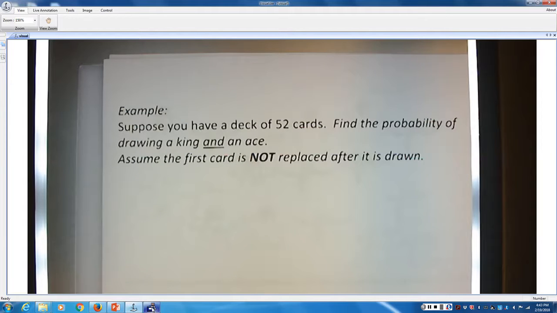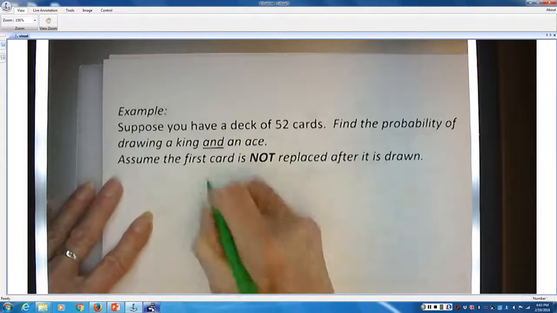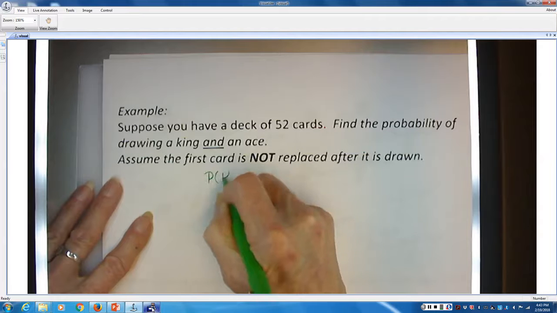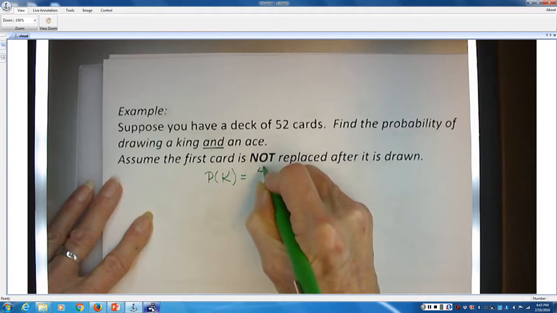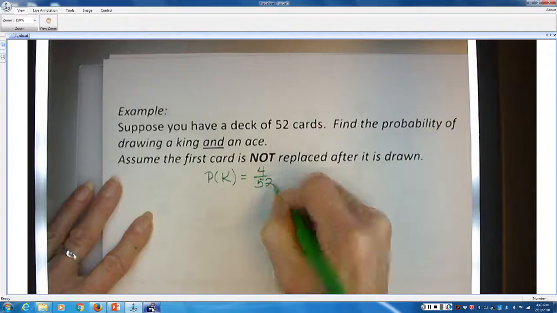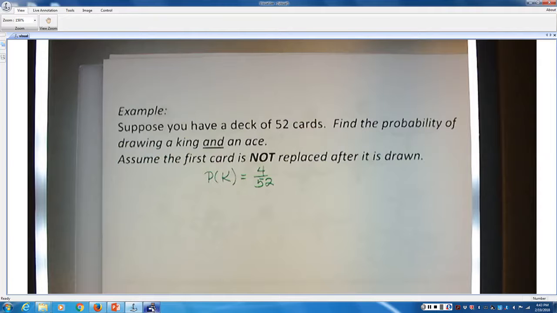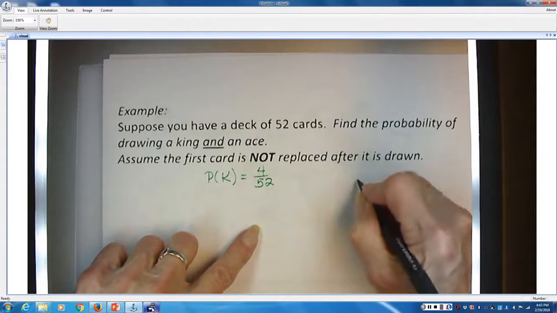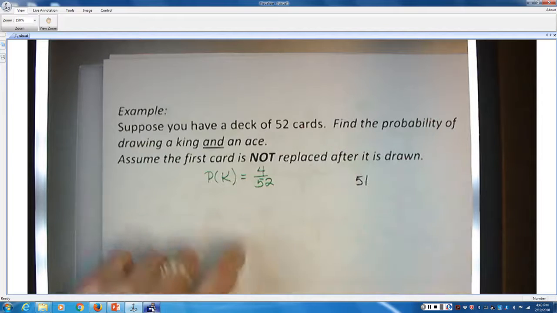Okay, the probability of the king is 4 out of 52. How many cards are left in the deck if I lay the card I drew on the table? There's only 51 cards left. How many aces are left in the deck?